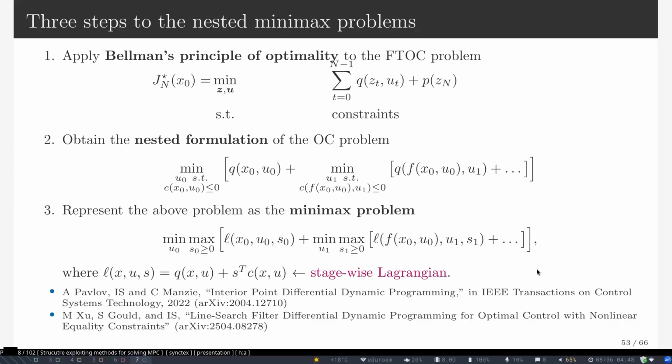Now, how can I move from this sort of nested minimization into a nested min-max problem? It is through formulating the Lagrangian of the problem. Because, take it from me, if I put both my primal and dual variables in the Lagrangian, I'm really solving a minimax problem. I'm maximizing with respect to the dual variable and minimizing with respect to the primal variable.